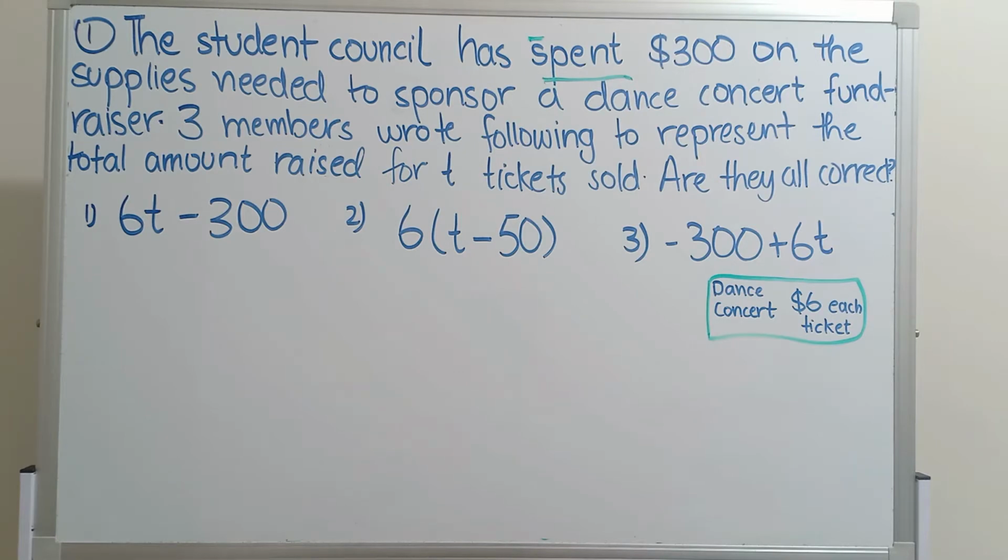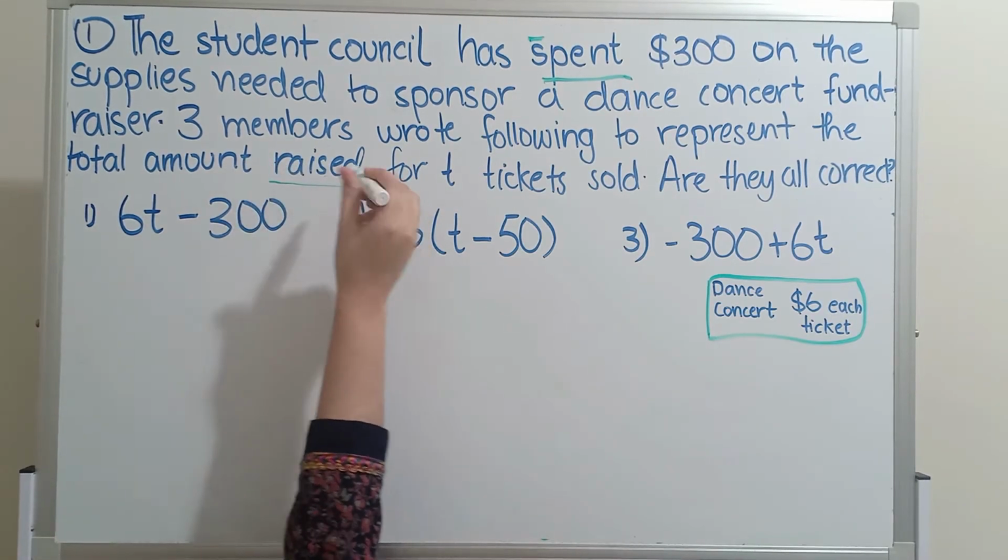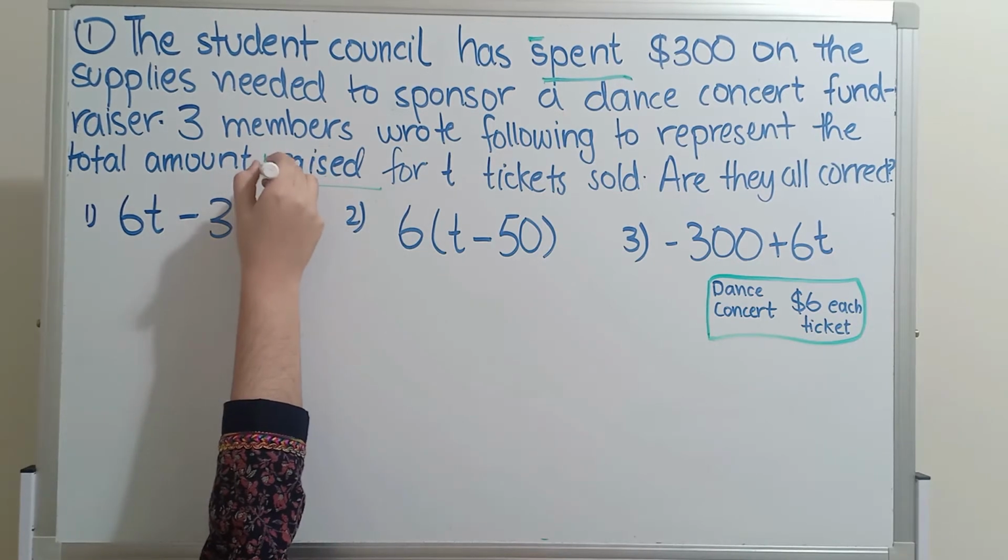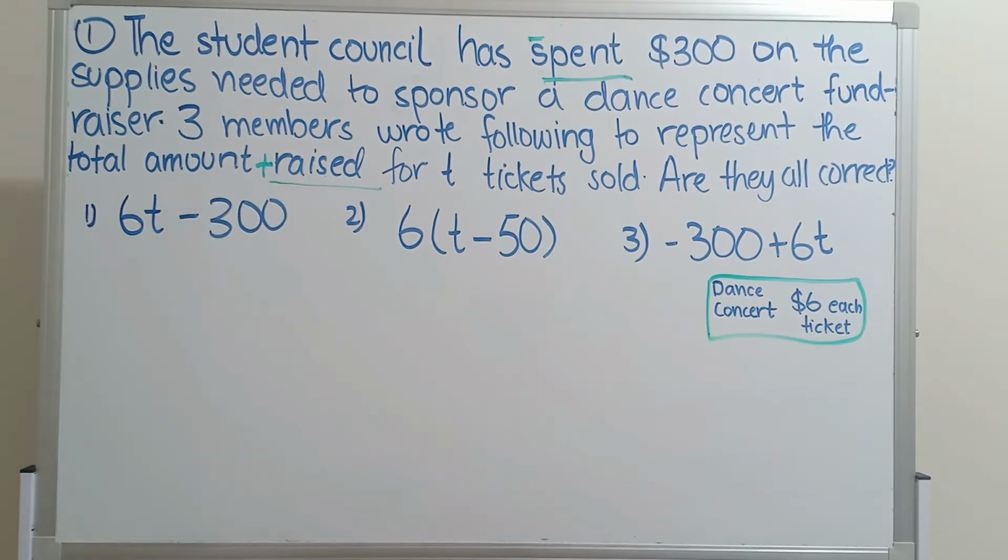Then we have how much they raised, so for raised, we need to show an addition sign. Out of all the amount they raised, they have to subtract the $300 that were spent to get the amount that they actually raised. And we have the tickets here. It says $6 for each ticket.